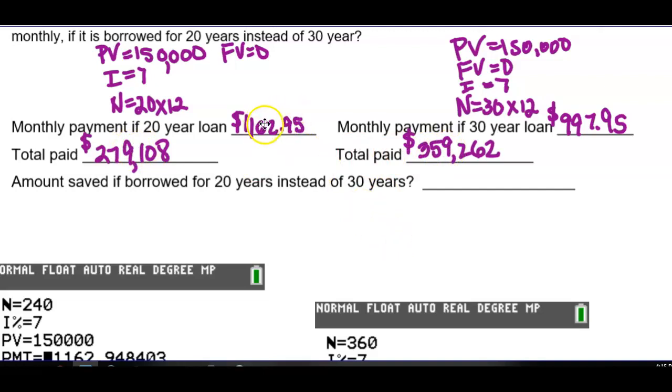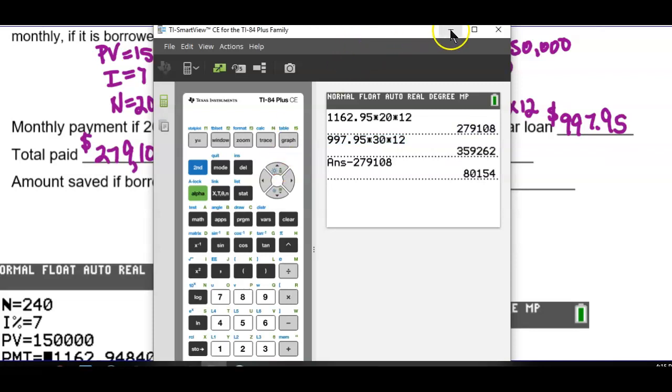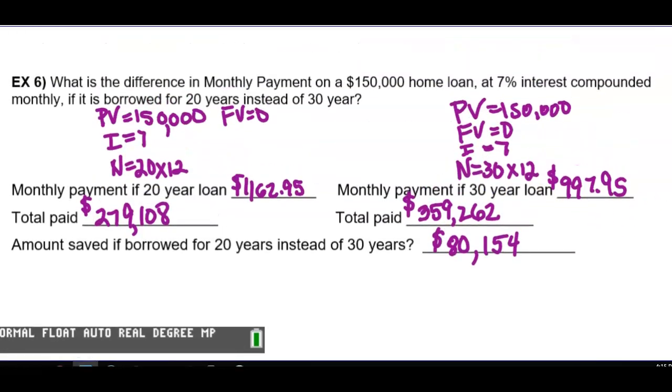Okay, if you somehow scraped together that extra $265 or whatever it was to make up the difference in those, and I'm probably subtracting wrong in my head, but if we subtract these two numbers, we saved $80,154. And that's all interest, okay, on a $150,000 house by paying it off in 20 years instead of 30 years.